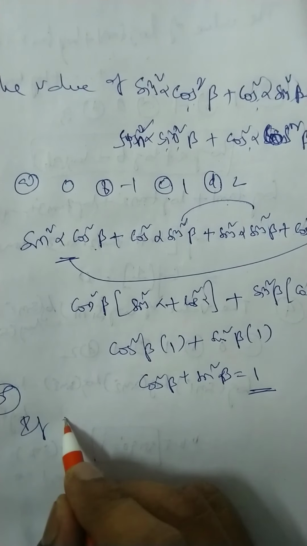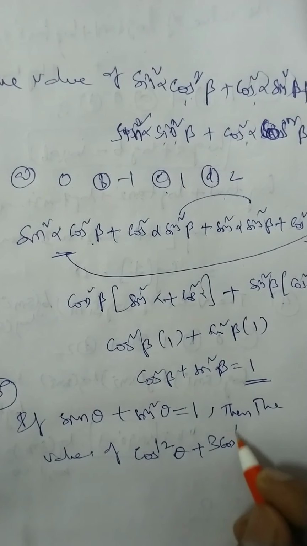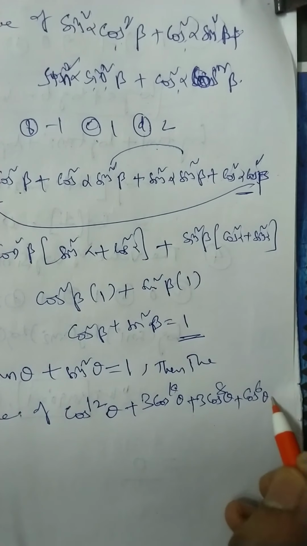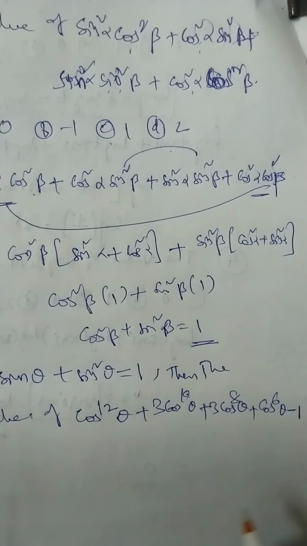If sin theta plus sin square theta equals 1, then the value of cos to the power of 12 theta plus 3 cos to the power of 10 theta plus 3 cos to the power of 8 theta plus cos to the power of 6 theta minus 1.